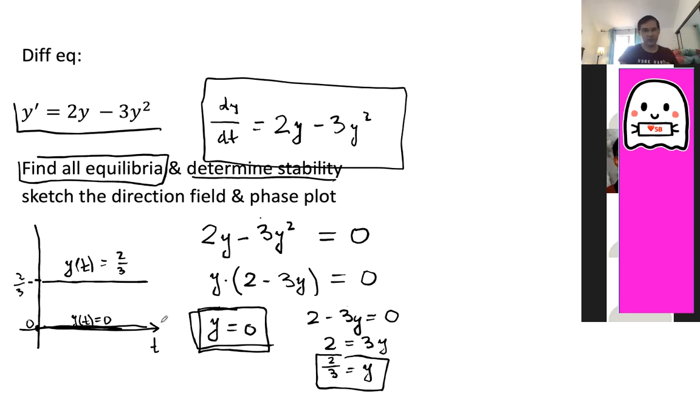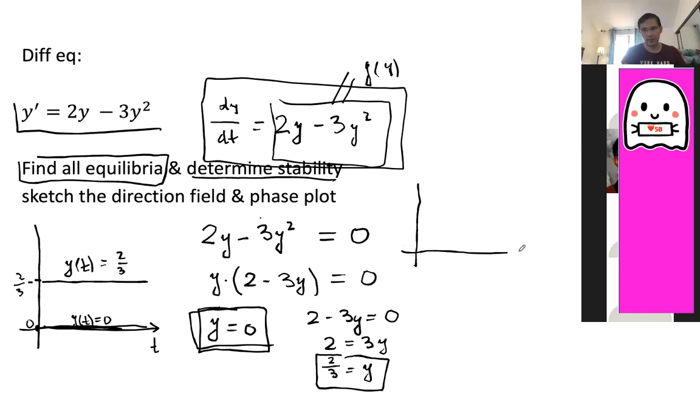So what we do is sketch the graph of the right-hand side of this differential equation. I'm going to define this as the function g of y, and I want to see what the graph of this function looks like. So here's my g of y-axis, here is my y-axis. It really is a polynomial of degree 2, 2y minus 3y squared.